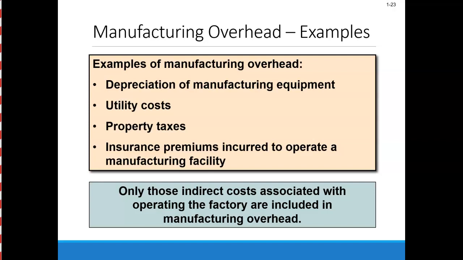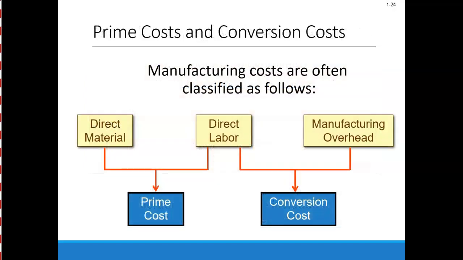It becomes part of the overhead, correct. So what happens is once a factory is put into service, meaning once they begin doing the work, then you start depreciating. Good question, so thank you.